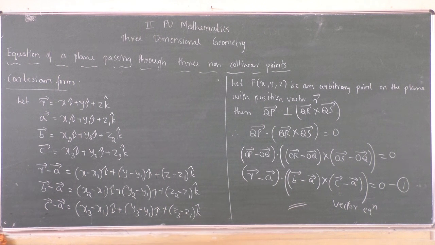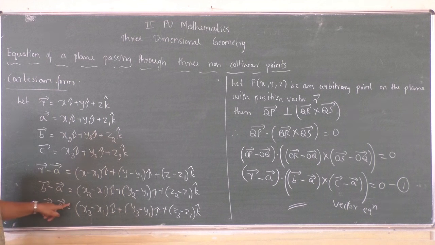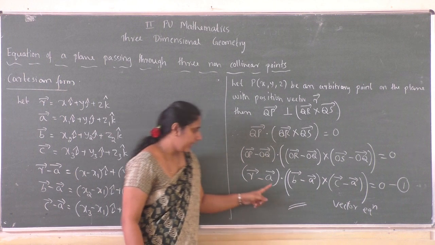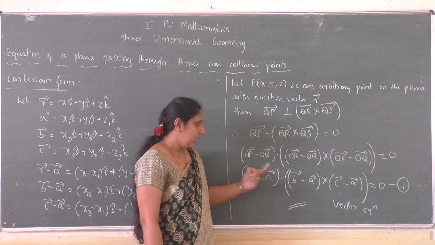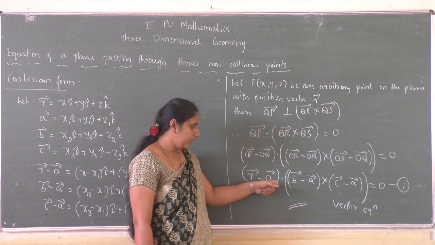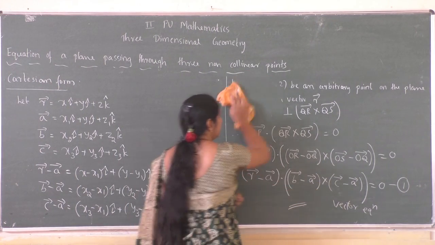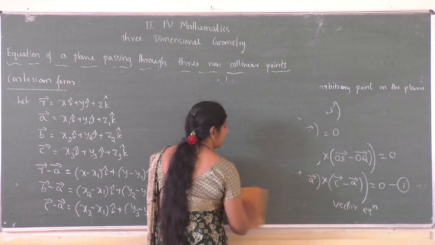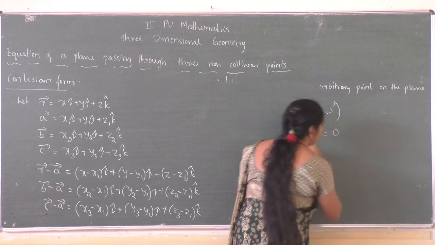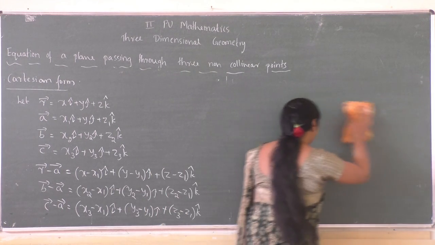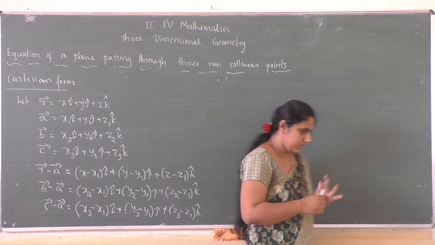Next, what do we have to find? We have to find the cross product first, that is B vector minus A vector cross C vector minus A vector, and then the dot product. Or see this equation 1 carefully. Is this of the form A vector dot B vector cross C vector? It is actually the scalar triple product, so you can directly apply the formula. What is a scalar triple product?